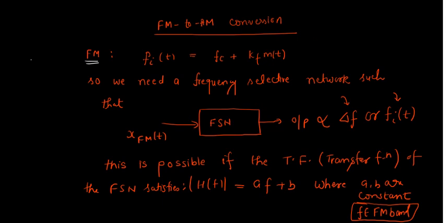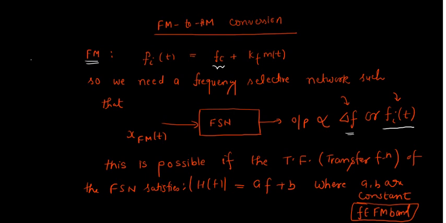So, we need a frequency selective network such that if you feed your FM signal to it, the output is proportional to your frequency deviation or instantaneous frequency, because f_c is nothing but some constant. So, you can always remove this constant.